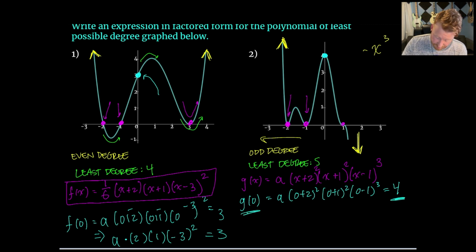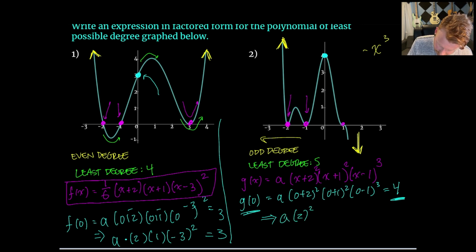So we'll do very much like we did before. Might regret not having enough room here, but let's see how this works out. So a, and then we've got 2 squared, 1 squared, and -1 cubed equals 4. So 2 squared is 4, that's 1, and that's -1. So this says -4a equals 4, which means that a equals -1.